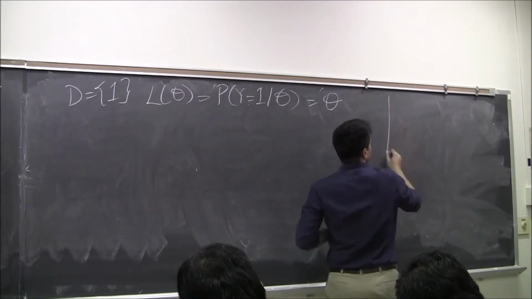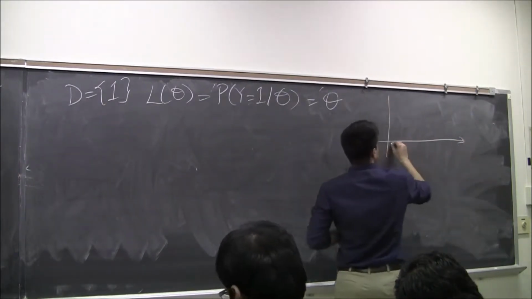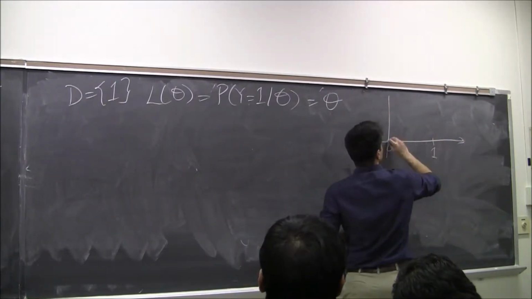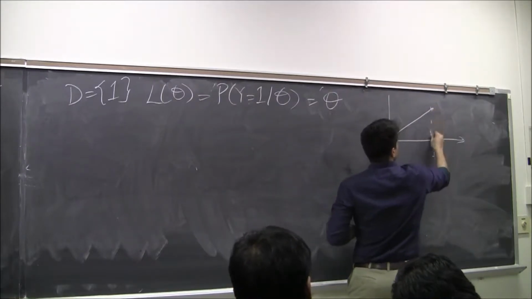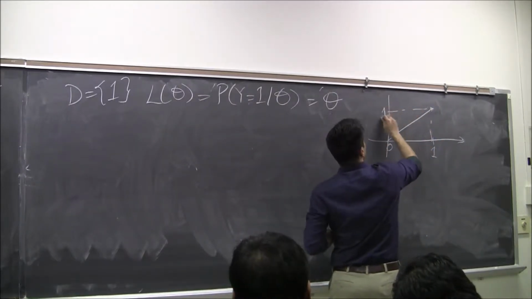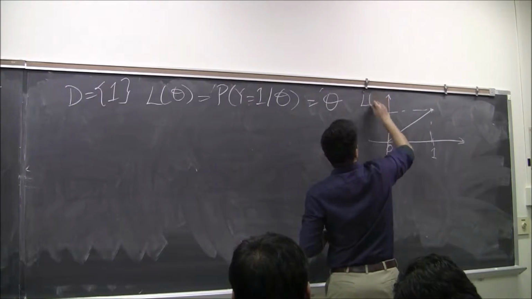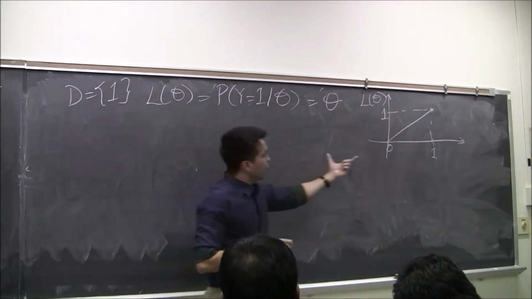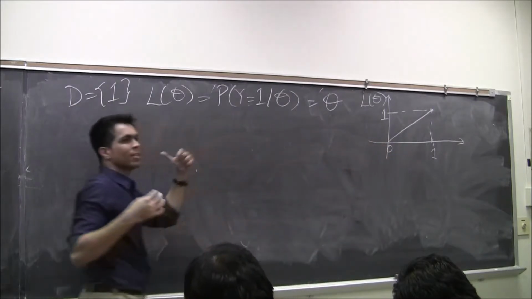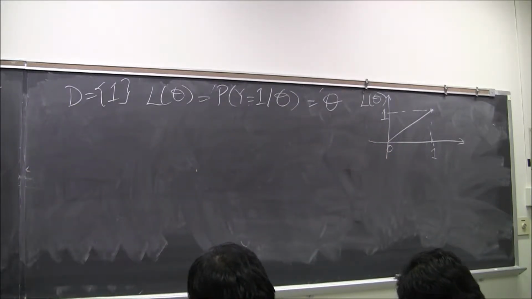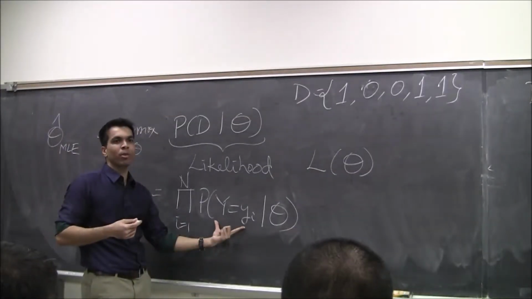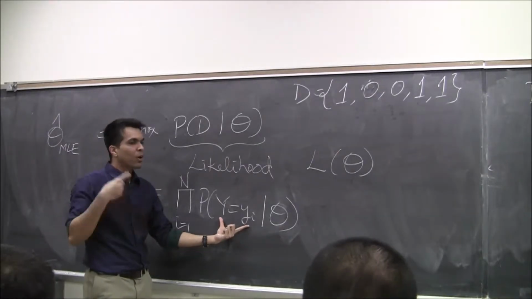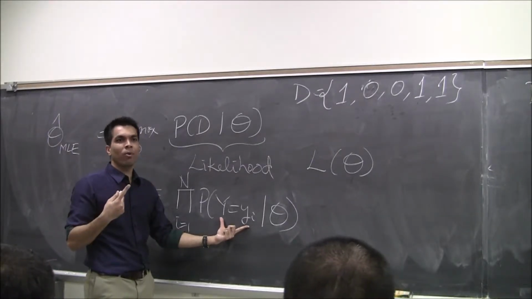Here's what this looks like if I try to draw this. There's 0, there's 1. This is likelihood of theta. Okay? Likelihood is often a confusing concept because you start thinking of likelihood as probabilities. And it feels like, oh, it's a probability, it must sum to 1 somehow.